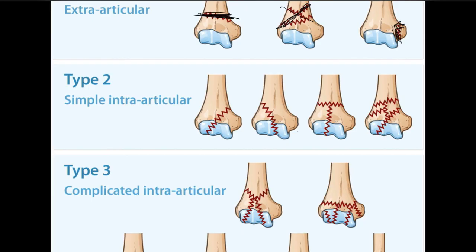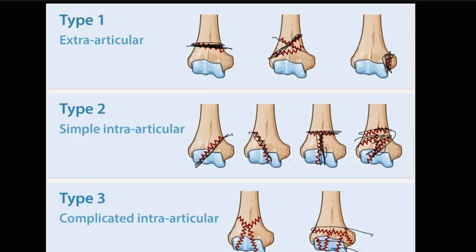In type 2, simple intra-articular, that means it's going in between the articular surface. Extra-articular and intra-articular both types of fractures come in type 2. In type 3, complicated intra-articular, mostly the cartilage will break, there is disruption and the breaking will happen here. Okay, so this is type 3.